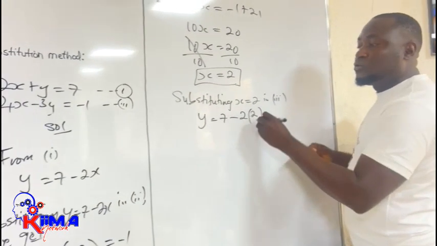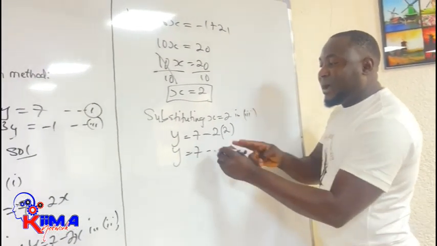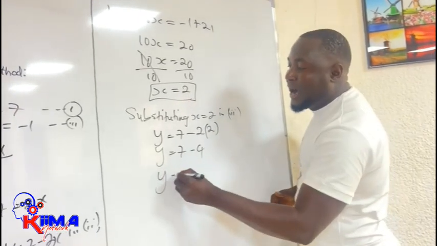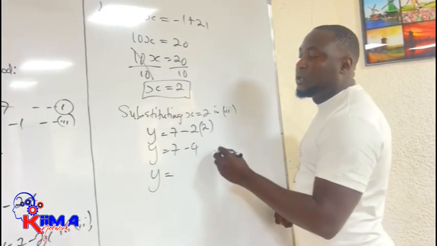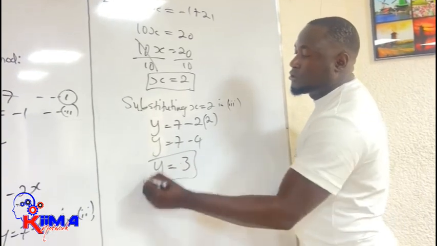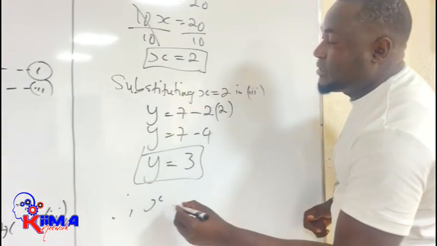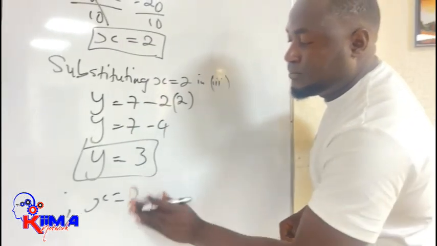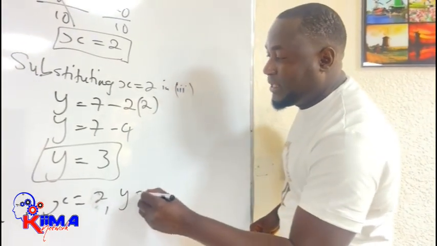Now x is 2, so y is equal to 7 minus 2 times 2, which is 4. So y is 7 minus 4, which is 3. Therefore, x is equal to 2 and y is equal to 3.